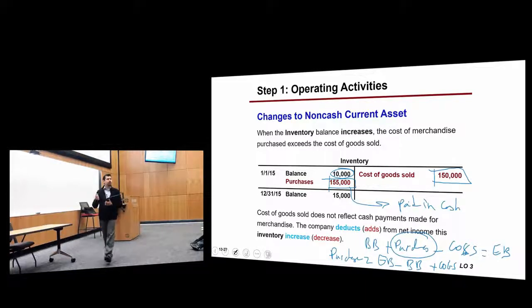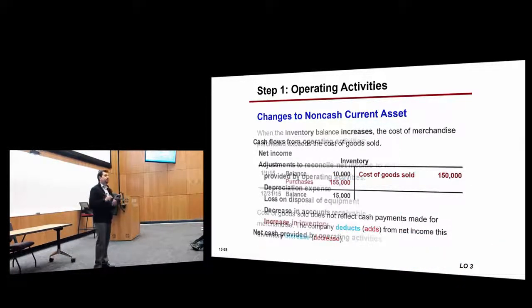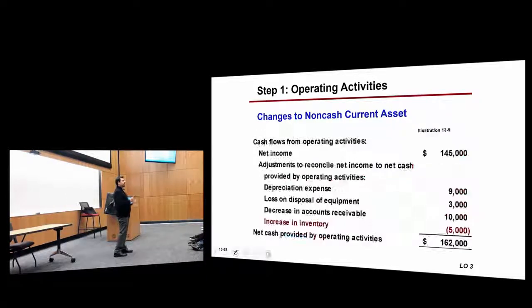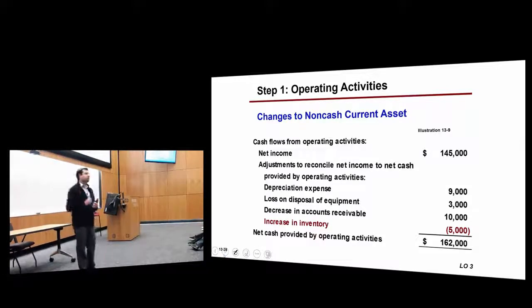And if we had a decrease in inventory, that means you actually sold more than you purchased. In this case, you have to add it. So increase in inventory is subtracted.